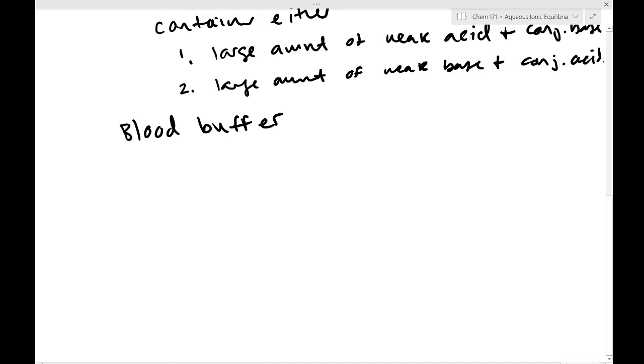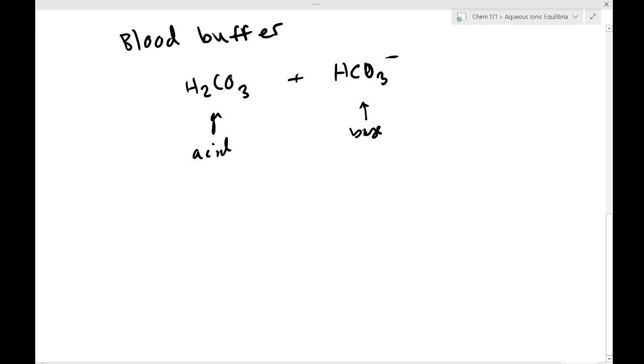The blood buffer, the buffer that's happening in your blood, is between carbonic acid and bicarbonate. Okay? Carbonic acid is acting as the acid, and bicarbonate is acting as the base, or the conjugate base. So let's react some carbonic acid with base.